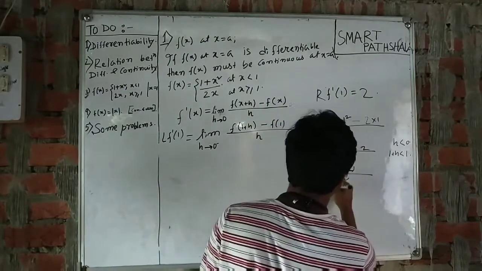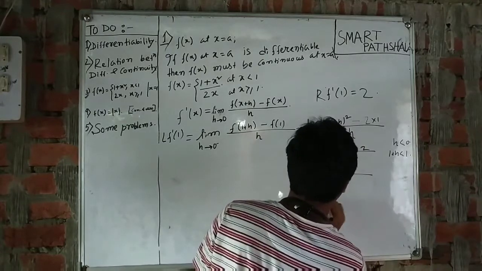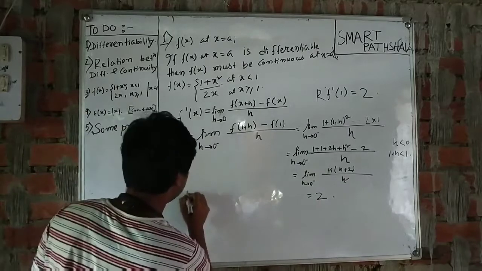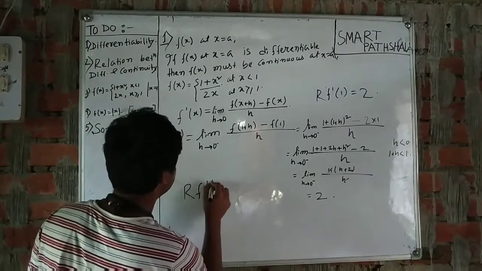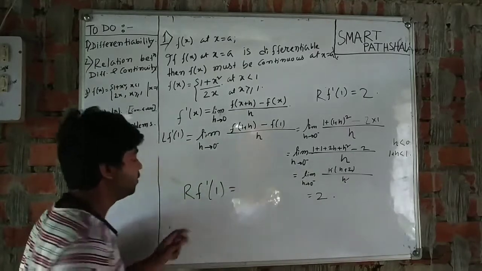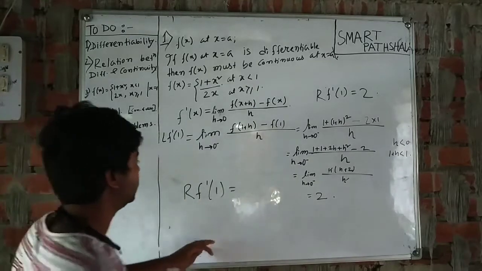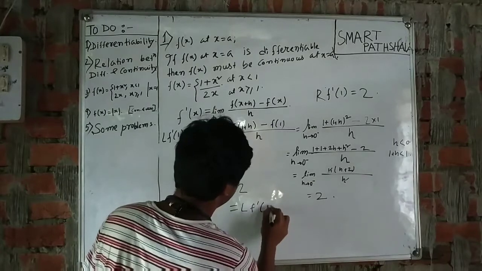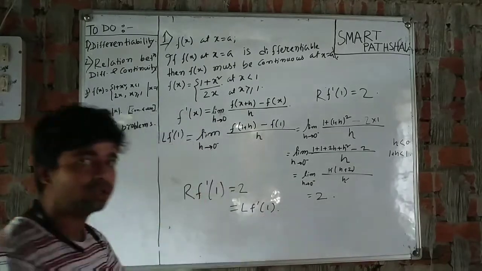So we can cancel out both h. So we have the value of this term as 2. Now we have the right hand derivative of the function f of x at x is equal to 1 as 2, which is equal to the left hand derivative of f of x at x is equal to 1.